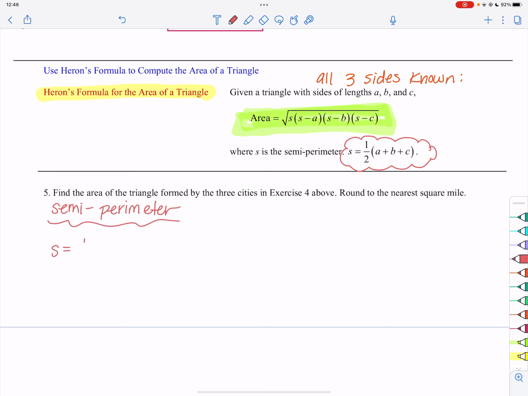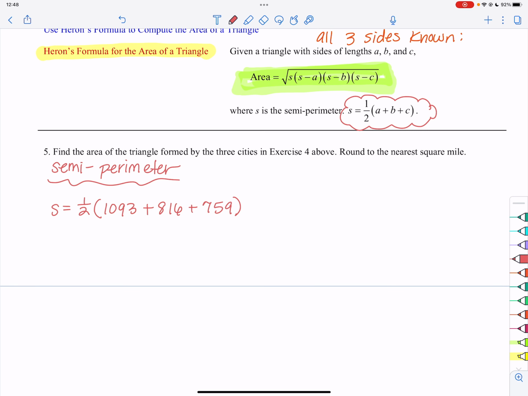And that's equal to 1/2 multiplied by those 3 sides, those 3 distances between those cities that we were given. And we would come up with 1334. So that is the semi-perimeter.